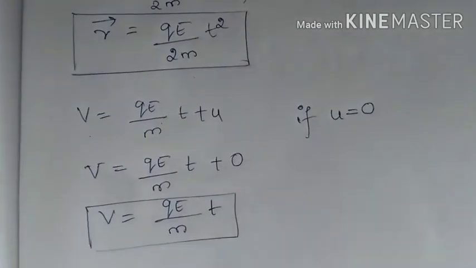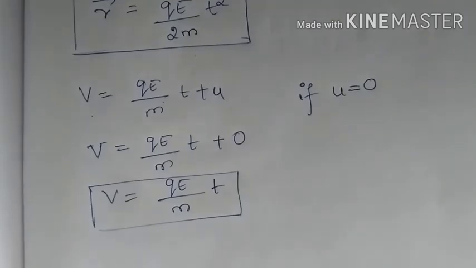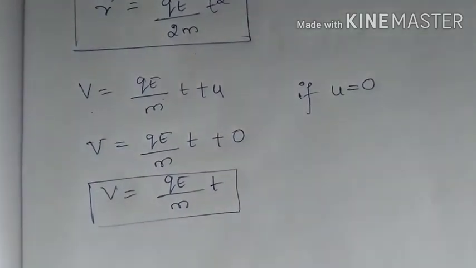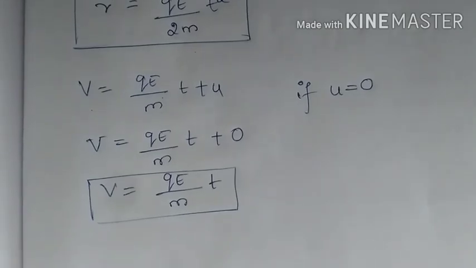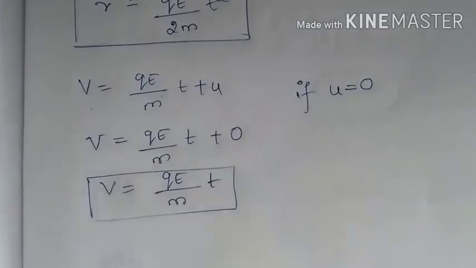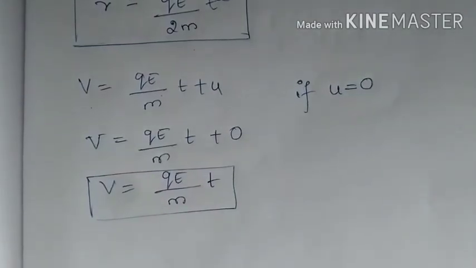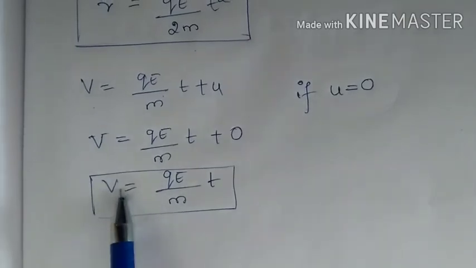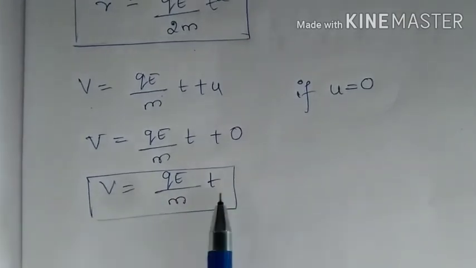So this is another equation, for the velocity of a particle when it is kept in a uniform electric field, and here the condition is that the initial velocity of the particle should be equal to 0. At that time we get v is equal to qE by m t.